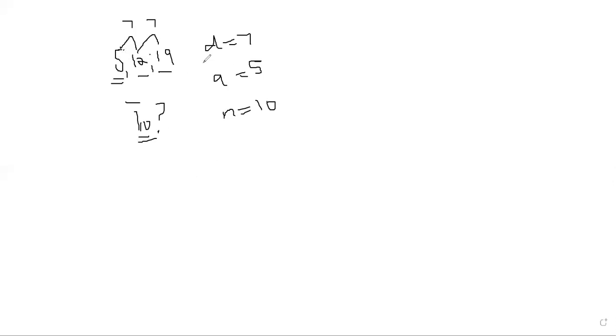Since it is arithmetic, because the first difference is the one that is constant, the formula we'll be using is this one, because it only applies to arithmetic. From here, you simply substitute. We want T10.